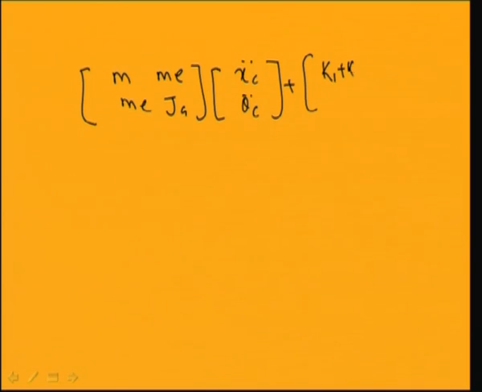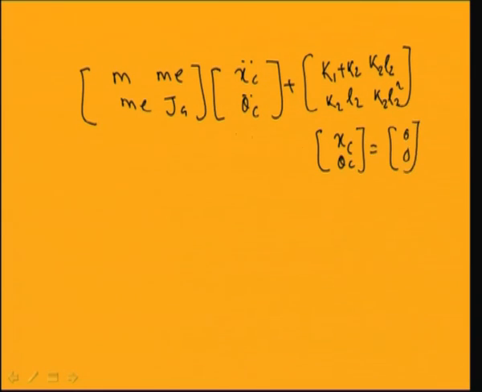So it becomes m, me, me, J, XC double dot and theta C double dot plus K1 plus K2, K2 L2, K2 L2 square, theta into XC theta C equal to 0 0. So in this case also the system is both dynamically and statically uncoupled.